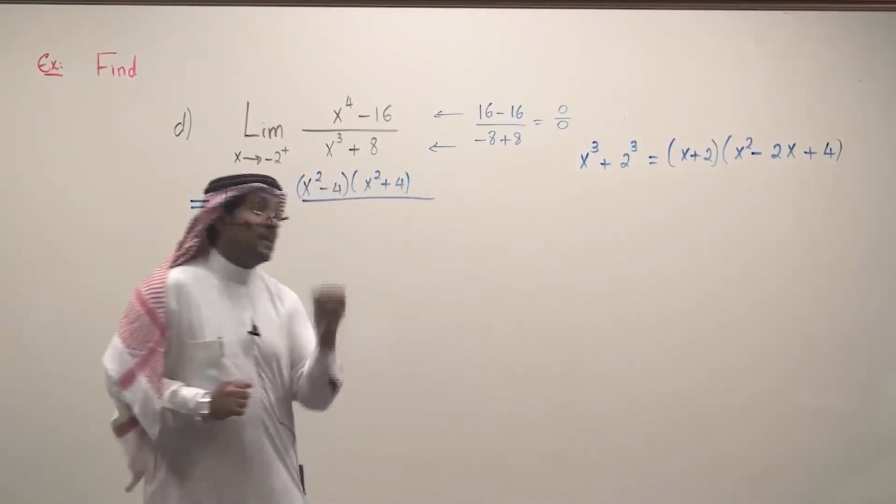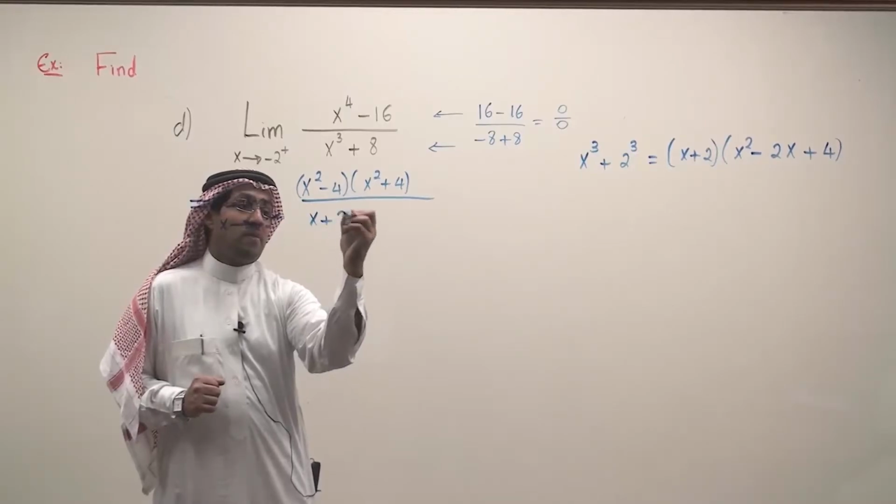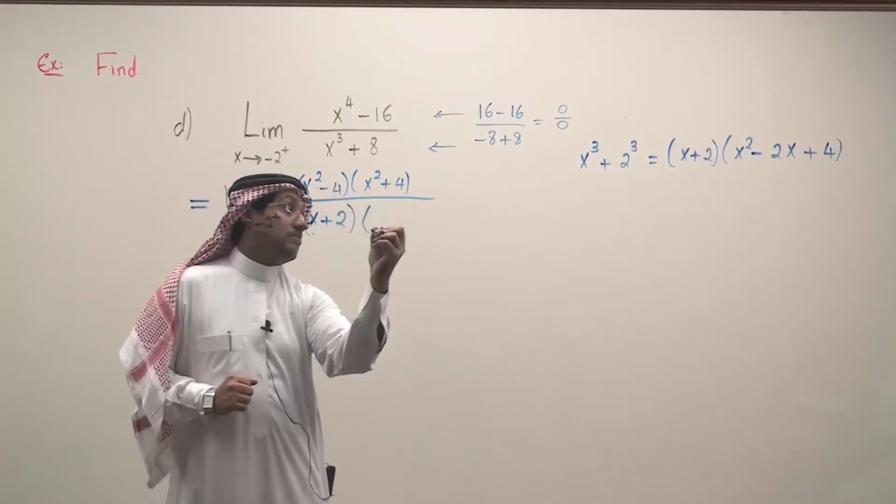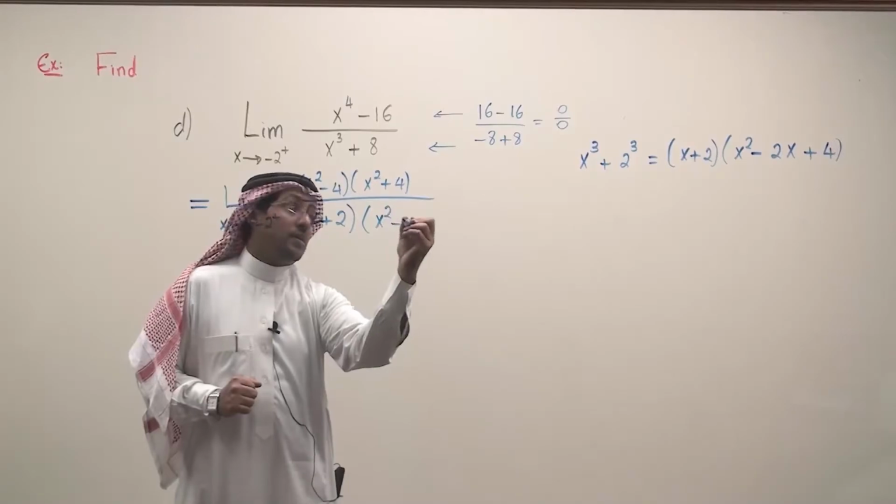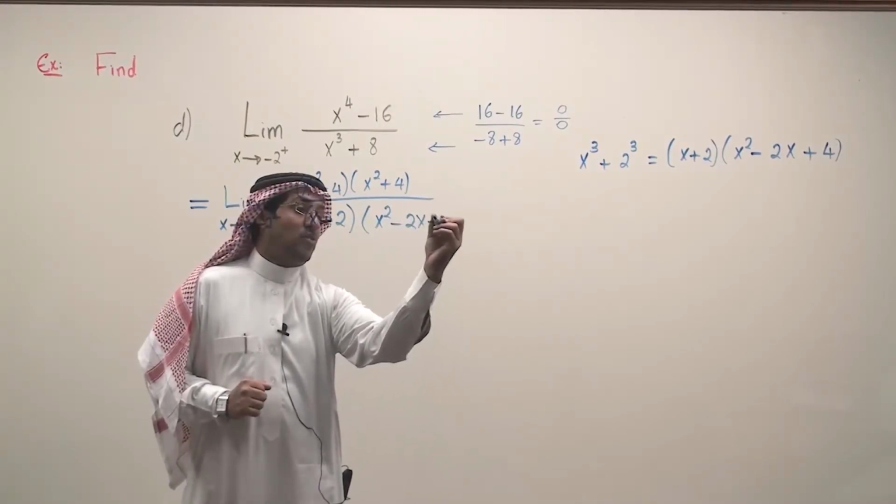So it's going to be x plus 2 times x squared negative 2x plus 4.